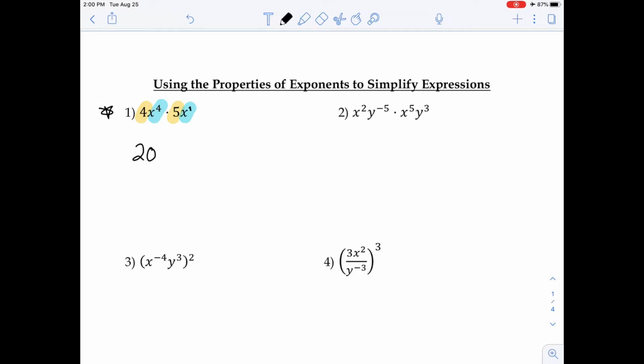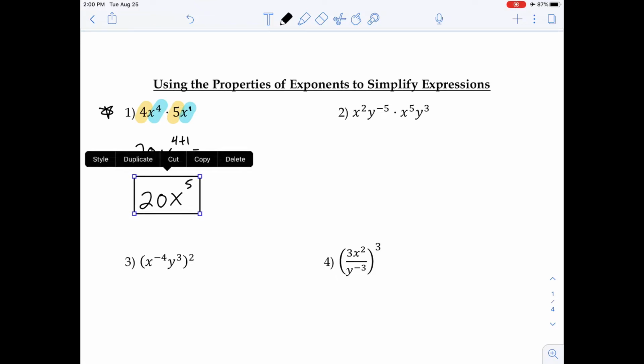Remember there's a 1 there even though you don't see it written. So with the product rule, that means it's going to be x to the 4 plus 1 because you add exponents when you're multiplying. So then this would give us a simplified answer of 20x to the 5th. And that one is all done.